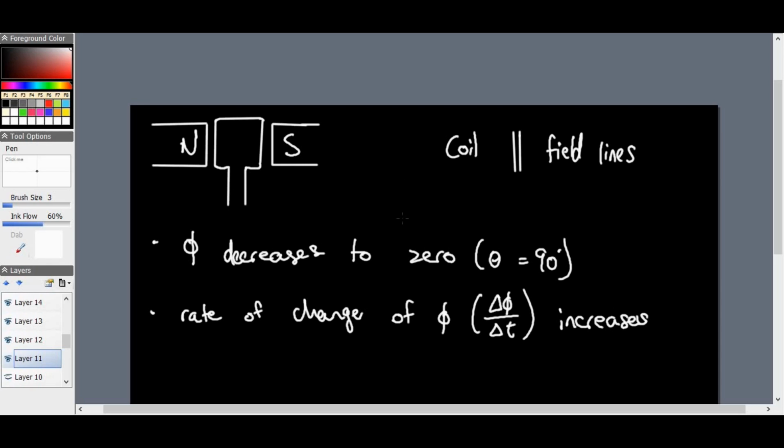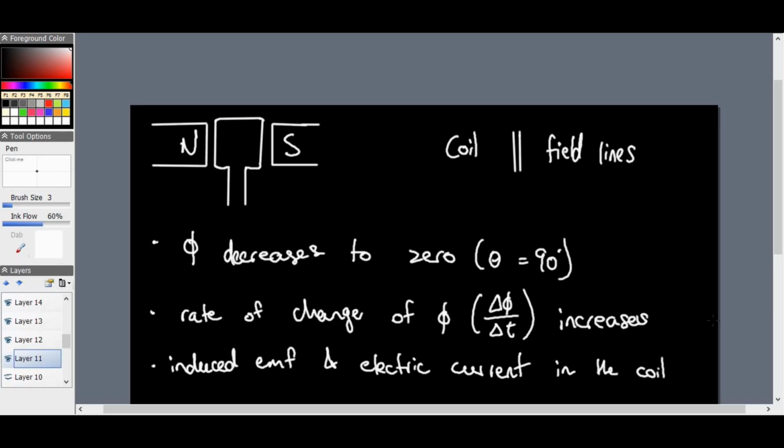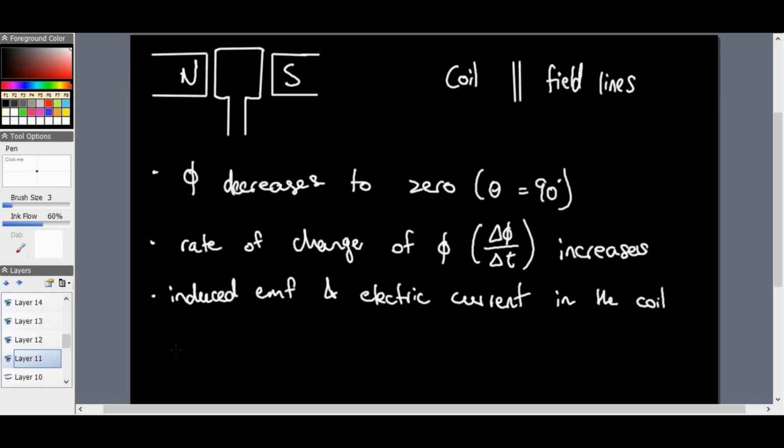Last point here: the induced EMF and electric current in the coil increases to a maximum. So it'll be maximum output when the coil is parallel to the magnetic field lines.